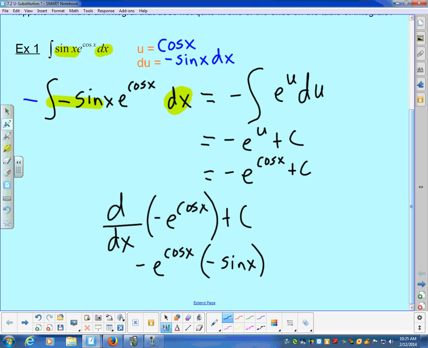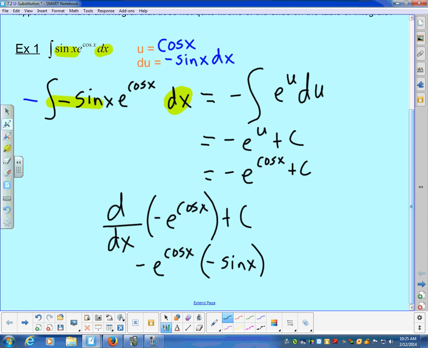Does this equal the integrand I started with? Yeah. So that sine of x has to be in there for us to be able to integrate this when the power is cosine of x. If the power wasn't cosine of x, we wouldn't need it in there. But on these u substitution problems, in order for the derivative to equal the integrand, we have to have du in this integral with whatever u is, or e to the u.